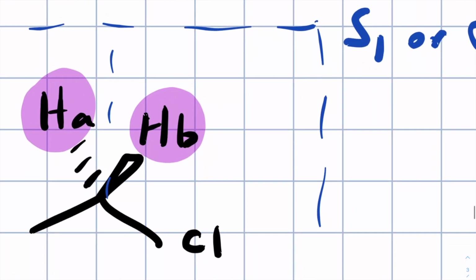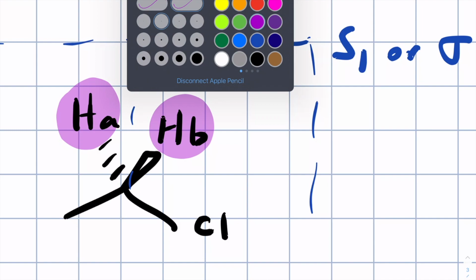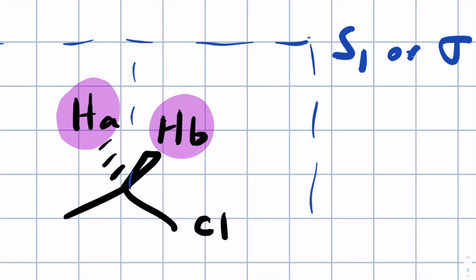And to indicate that, we're going to do the following. We're going to imagine that, for example, HB is heavier than HA. And then we'll say, okay, priority 1, priority 2, priority 3, going from 1 to 2 to 3, then 3 back to 1. That's a clockwise rotation. This molecule is not chiral, and the carbon that we're talking about is not a stereocenter.